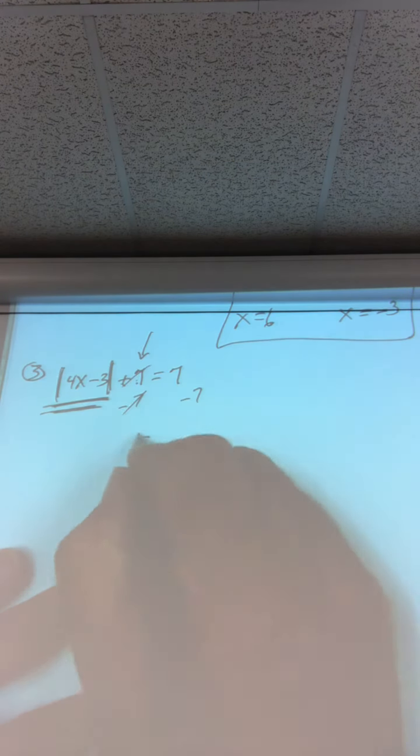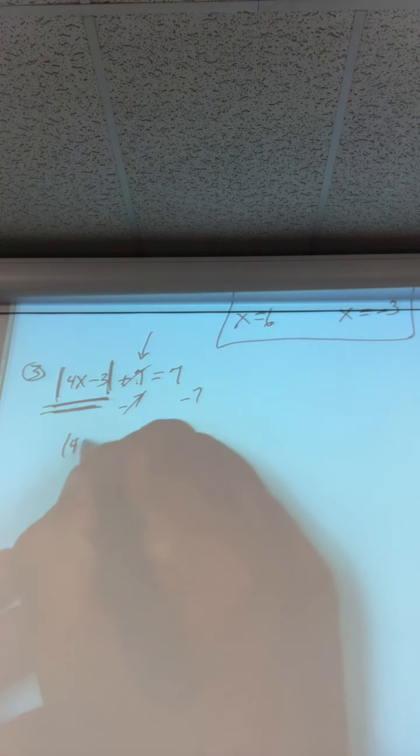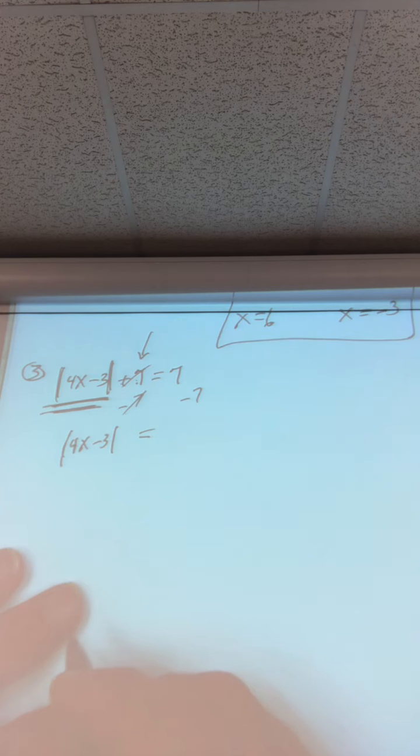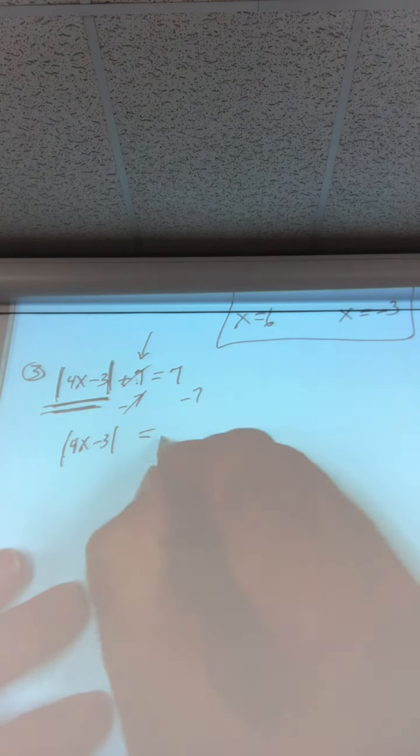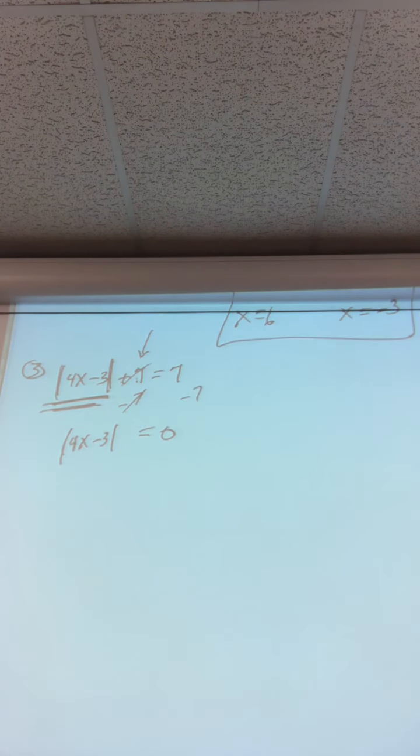When I do, this adds out. The absolute value symbols are still there. I'm not using my formula yet. This is just step 1. The right side is 0. That's step 1. Step 2: if this is negative, it is not. So keep going.